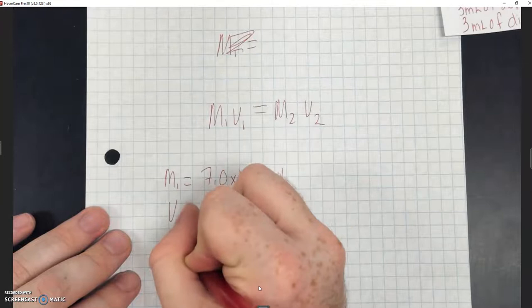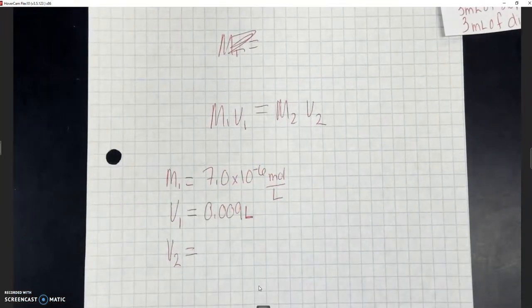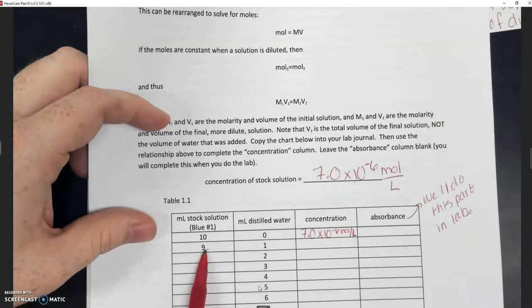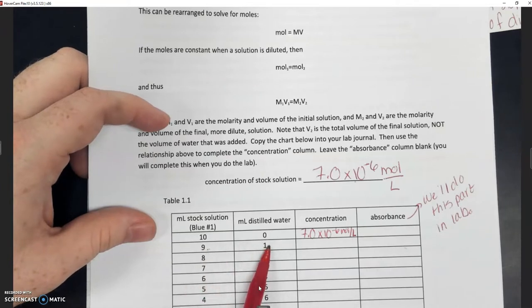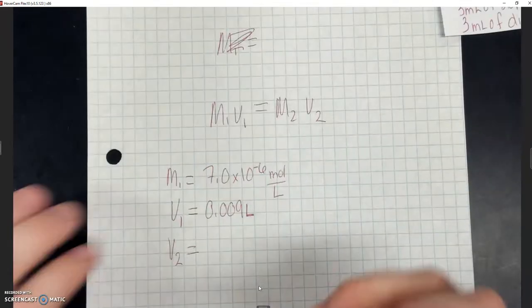My V2 is the total volume of the solution that I'm trying to make. Well, the total volume of the solution is 9 milliliters of stock plus 1 milliliter of distilled water, so that's a total of 10 milliliters.